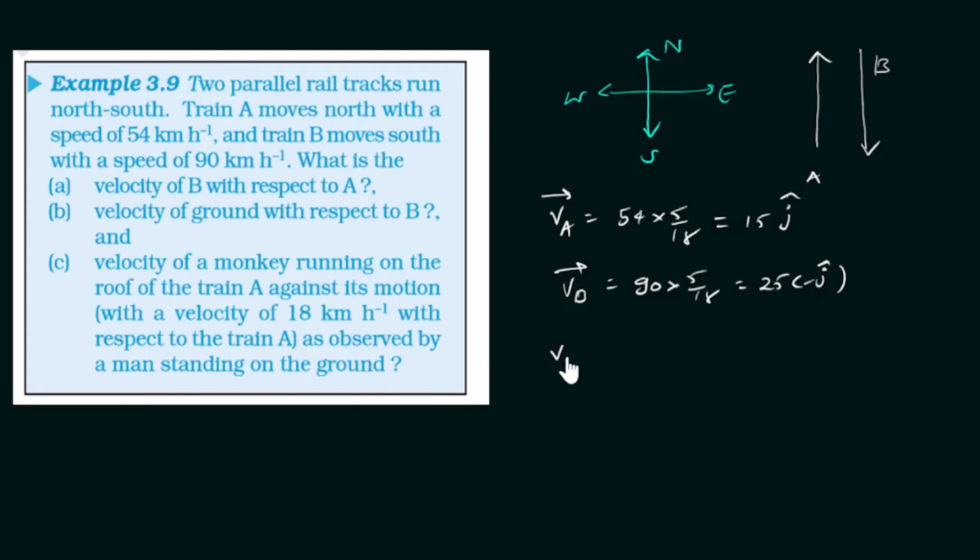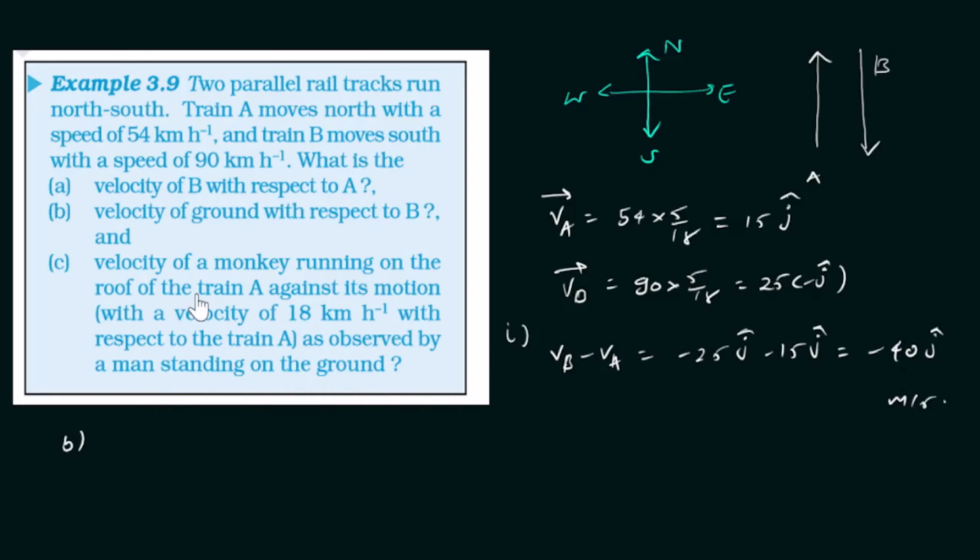So the velocity of B with respect to A, our first part, is VB minus VA, which is minus 25 j cap minus 15 j cap. This will be minus 40 j cap meter per second.